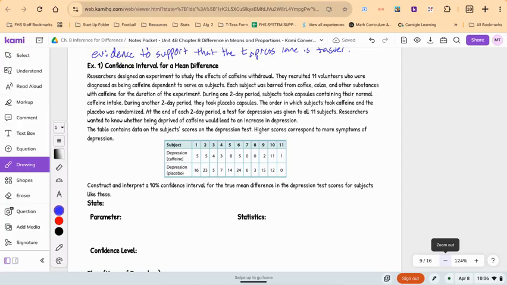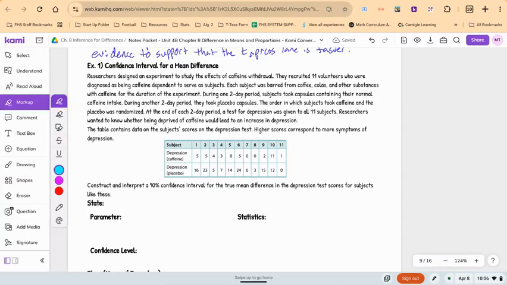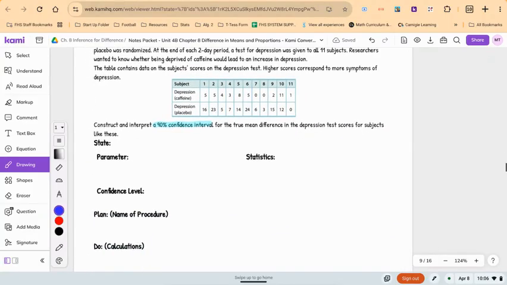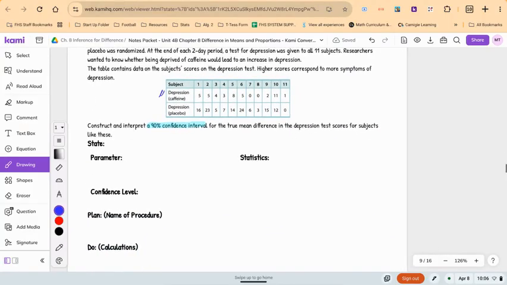Higher scores correspond to more symptoms of depression. Construct a 90% confidence interval for the true mean difference in the depression test scores for subjects like these. So again, easiest thing to do is define this as mu1 and this as mu2. So we have mu1 is essentially caffeine, and mu2 is placebo.